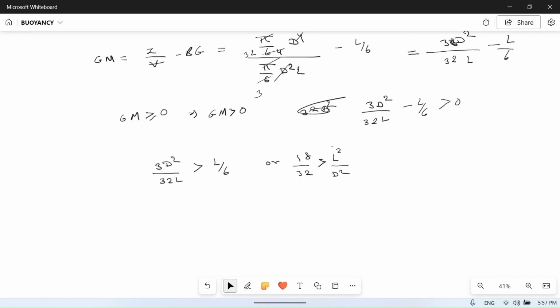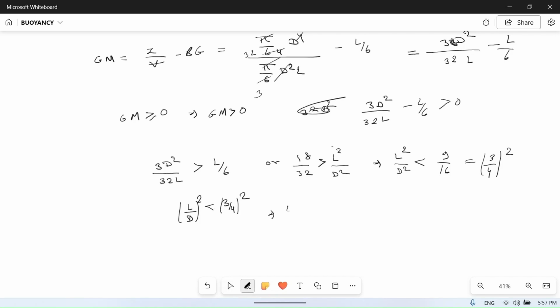So L square by D square is less than 18 by 32, which is 9 by 16, which is equal to 3 by 4 square. Okay, so L by D square is less than 3 by 4 square.